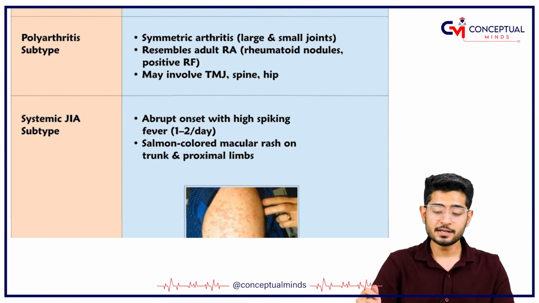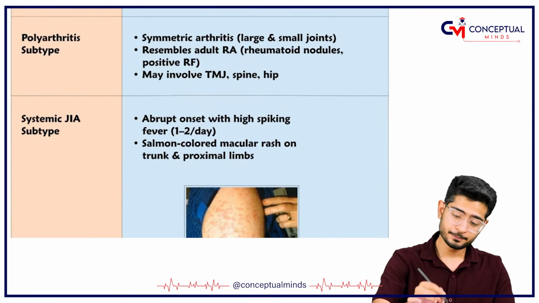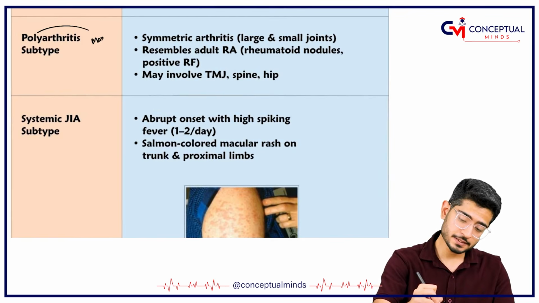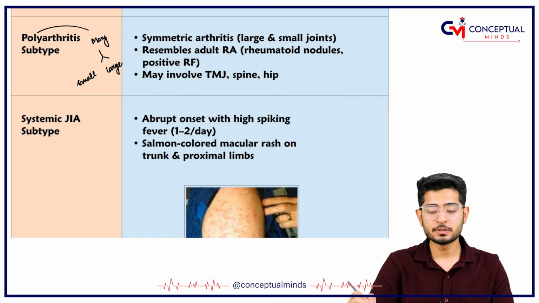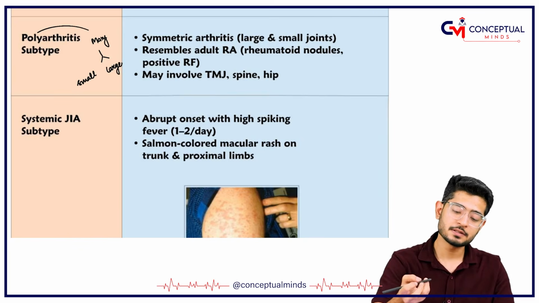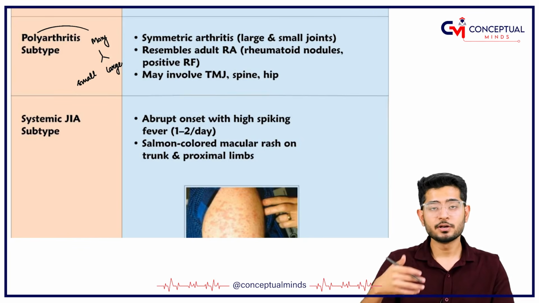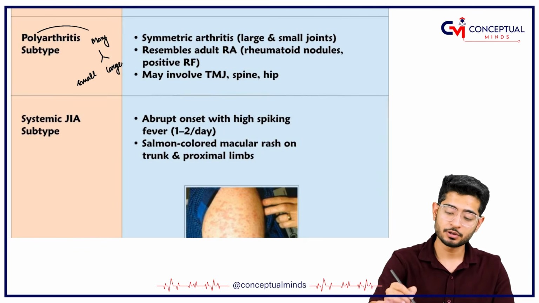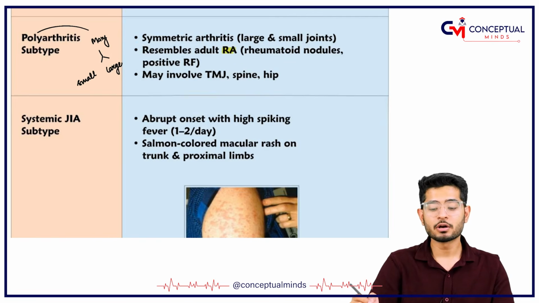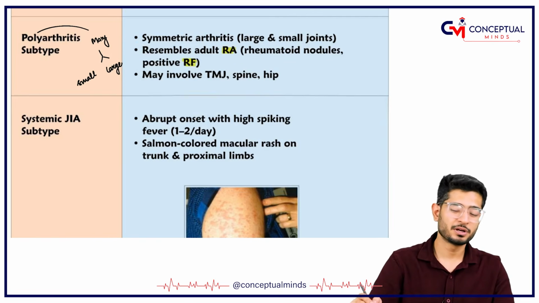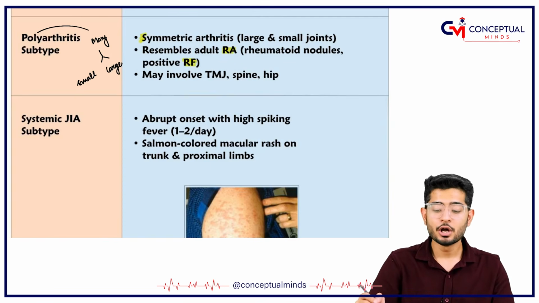Coming on to the next, polyarthritis. In poly, many joints are involved, many small joints and many large joints, in symmetric arthritis. The poly type is going to be symmetric, which actually resembles the rheumatoid arthritis of adults, and in this the rheumatoid factor is also very common.